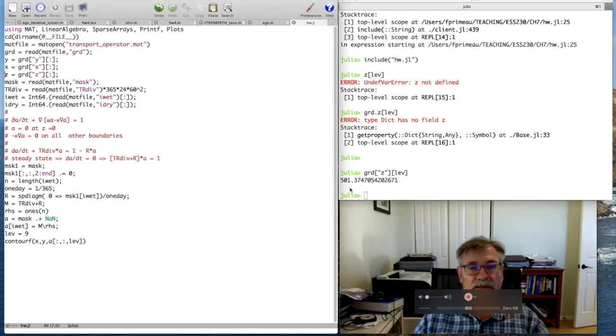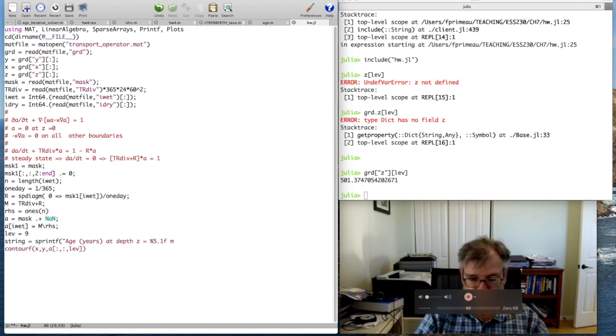So let's put that level into the title. So I'm going to create a title string equal to sprintf of age in years at depth z equals percent 5.1f meters.